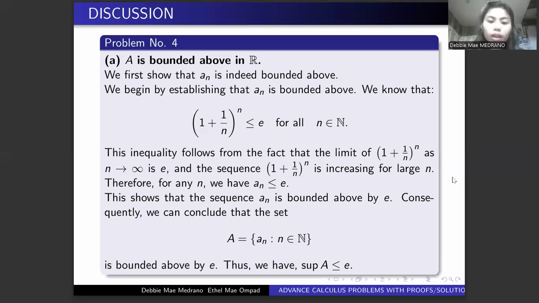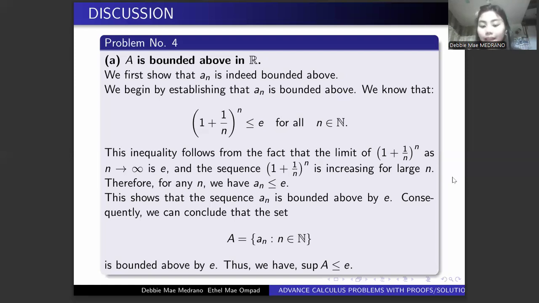This inequality follows from the fact that the limit of 1 plus 1 over n to the power of n as n approaches infinity is e, and the sequence is increasing. Therefore, for any n, we have a sub n less than or equal to e. However big n is, it is always less than e. This shows that the sequence a sub n is bounded above by e.